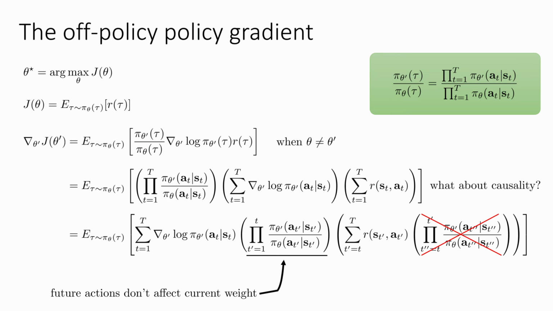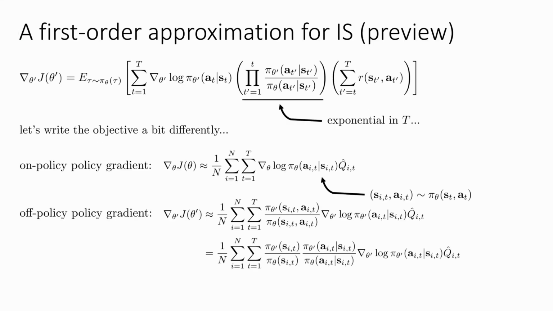If I don't kill that part, I can use any policy I want. If you're deleting the state probabilities, you should only do this when pi theta is a recent old policy, because you need pi theta and pi theta prime to be close together. Any other questions?